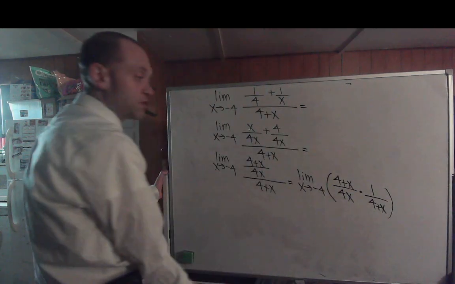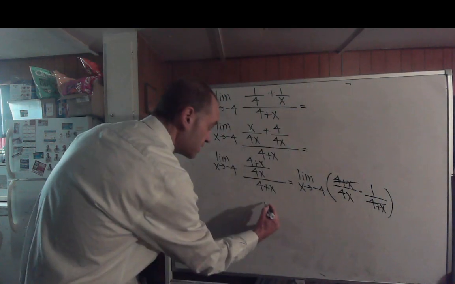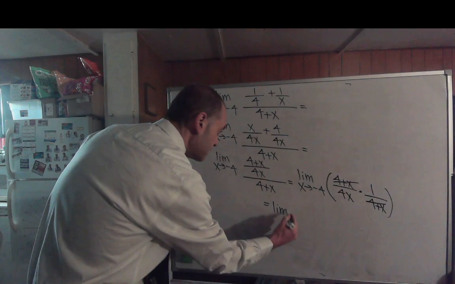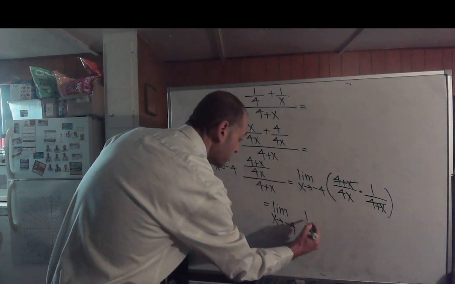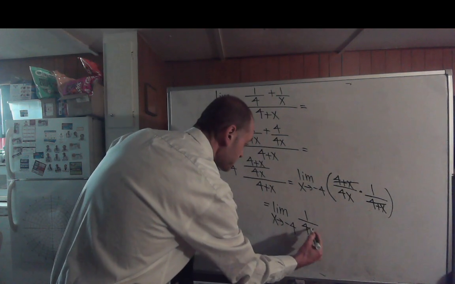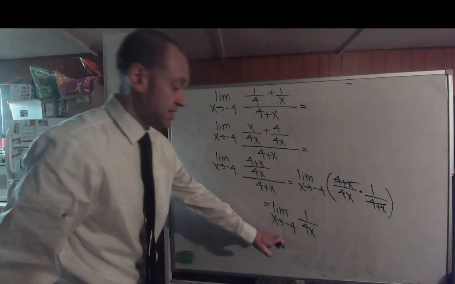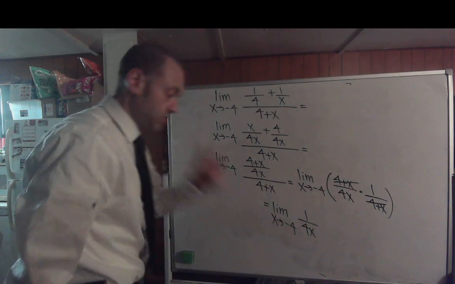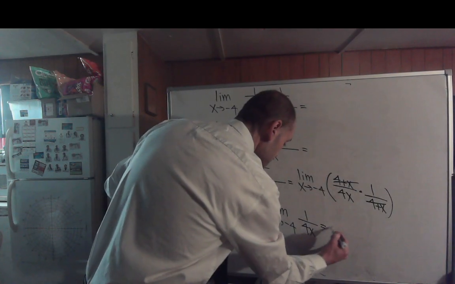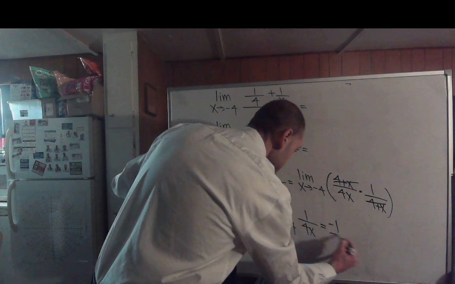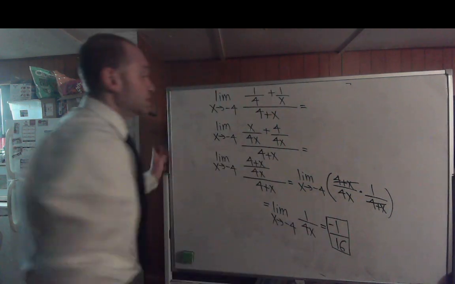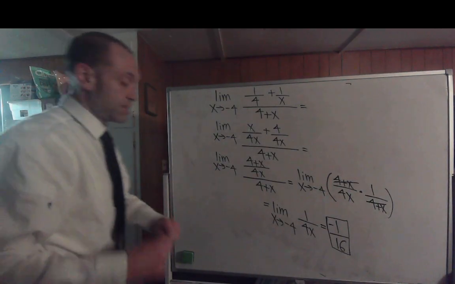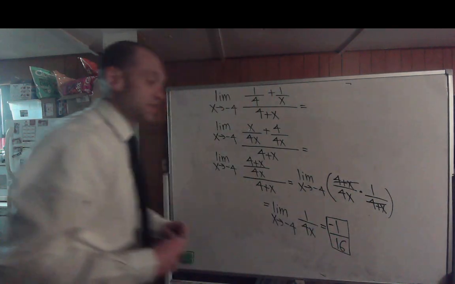And now your 4 plus x's will cancel between the numerator and denominator. This will turn into the limit as x approaches -4 of 1 over 4x. And we can now do direct substitution into this function. That would just give you -1/16. So the limit of this original function actually turns out to be -1/16.